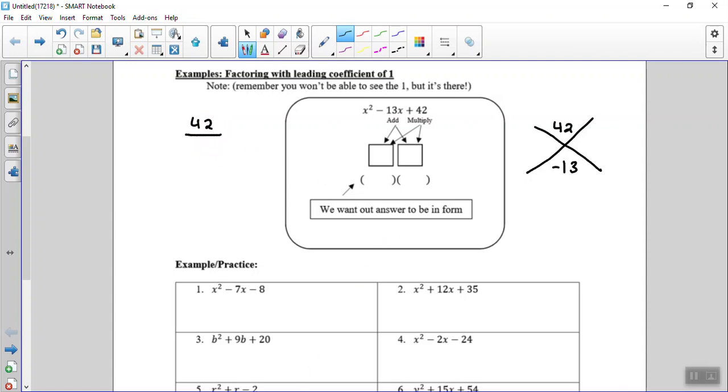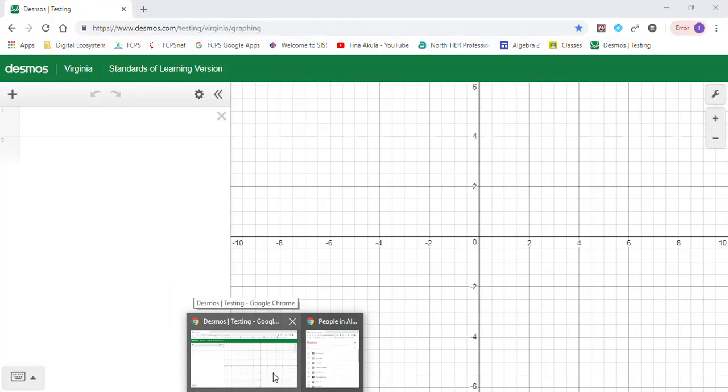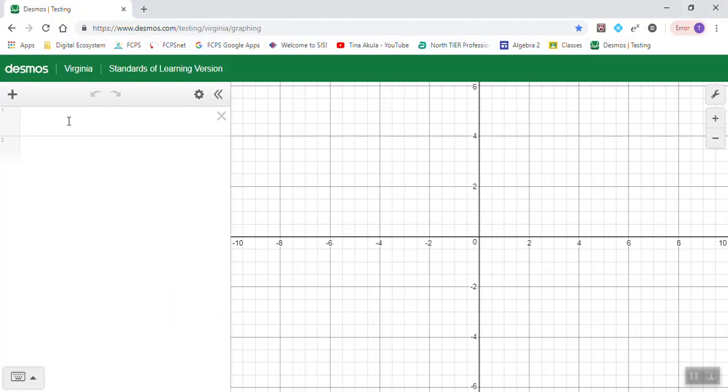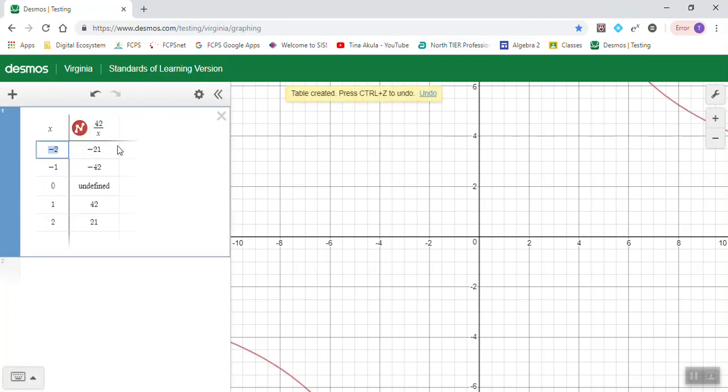You can just do trial and error, or I'm just going to show you one way you can do it in the calculator. If you go here and do 42 divided by x, and then go to this little setting button and convert it to a table, you'll see here all the two numbers that multiply together to get you 42.